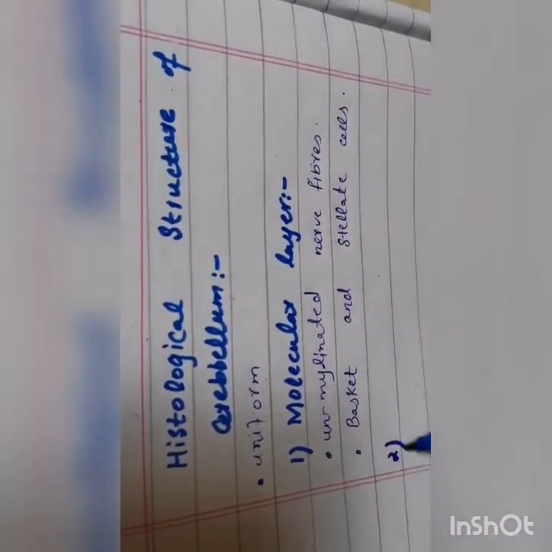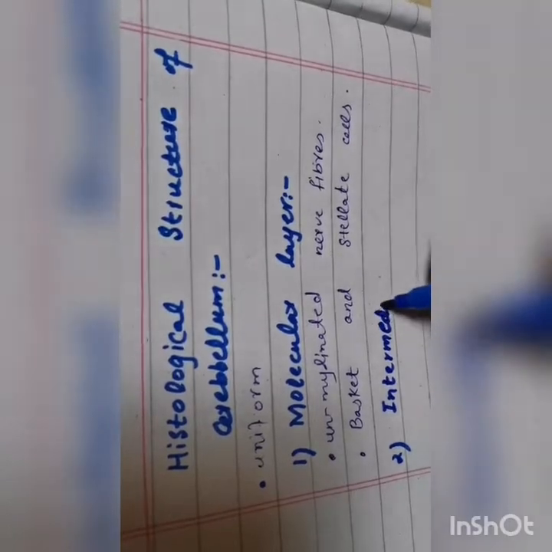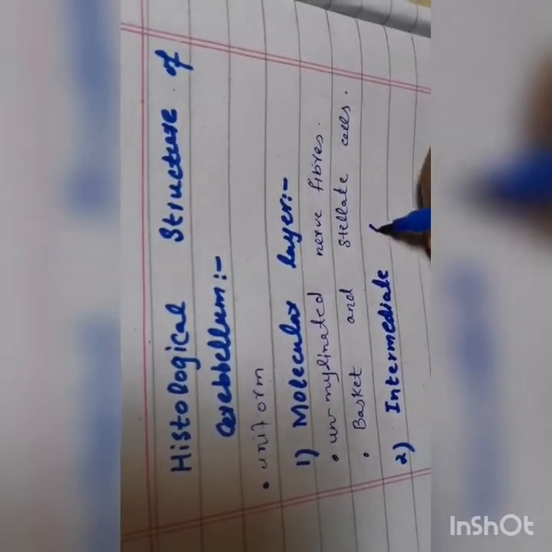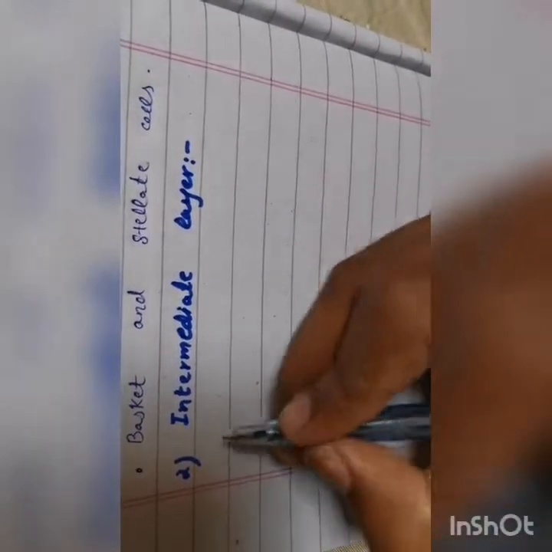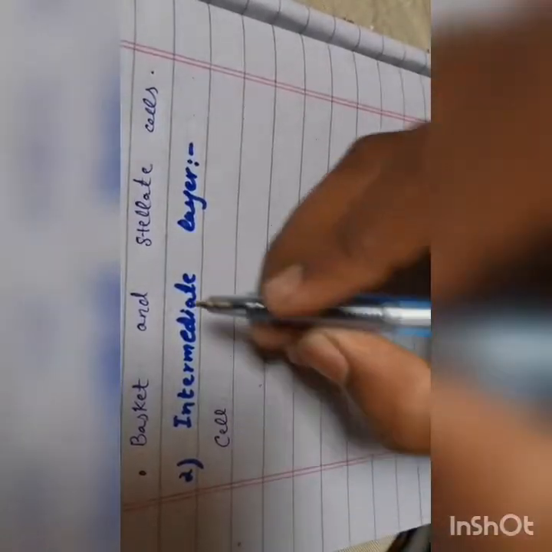Our second layer and second histological structure is the intermediate layer of cerebellum. Intermediate layer is a single layer containing cell bodies of Purkinje cells.